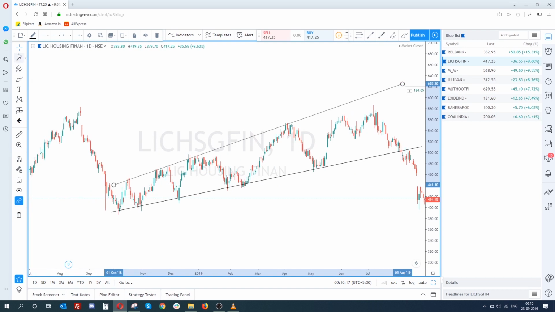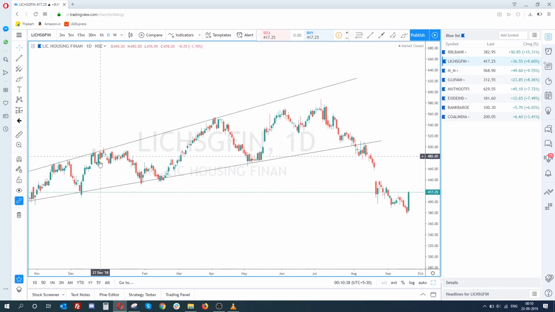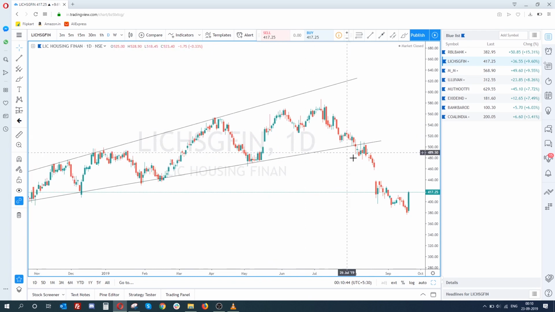This is an upward channel. Here, if you see, the price was wandering around the area of these channels. There was a buying pressure here, and then again a buying pressure here. Historically, if you look at the past, the stock has always been within this channel, right? And here there was a breakdown, and this is where we take a trade.